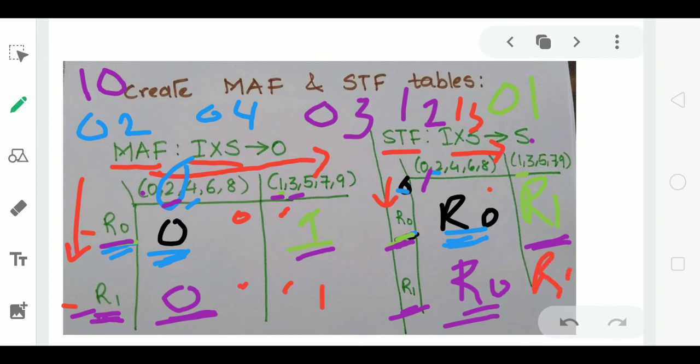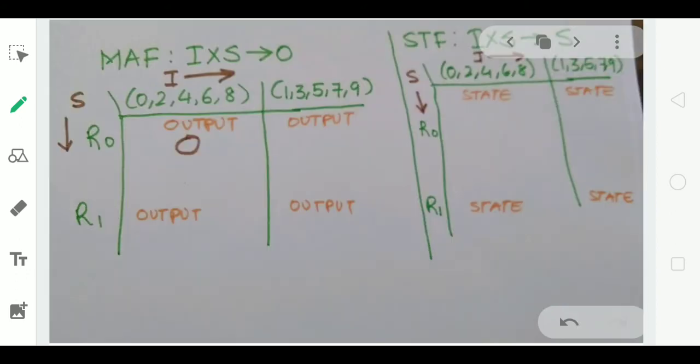In this way we are going to check the remaining set of bits also. R1 with 5 will make number 15. Is 15 divisible by 2? No, leaving the remainder as 1 and going to the state R1. Similarly R1 with 7 will make 17, leaving the remainder 1 and going to the state R1. So this is how we are going to complete our table.